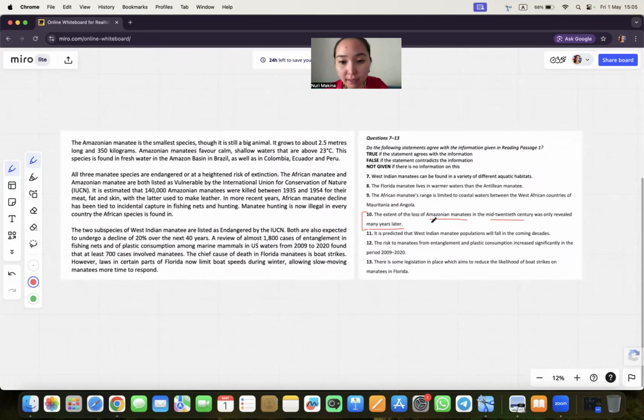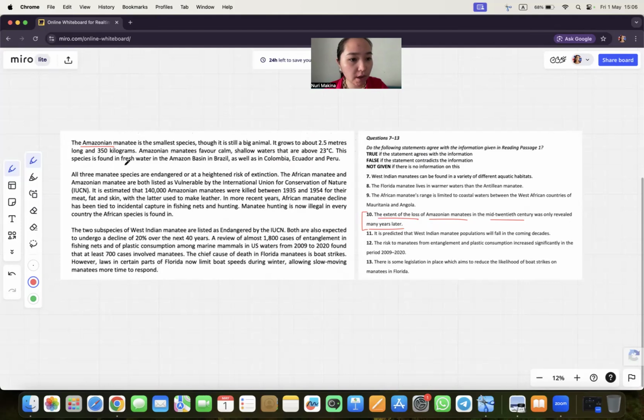Let's find out the keywords. The extent of the loss of Amazonian manatees in the mid-20th century was only revealed many years later. So we have the Amazonian manatee here, so we're going to find the answer in this paragraph. So let's read. The Amazonian manatee is the smallest species, though it is still a big animal. It grows to about 2.5 meters long and 350 kilograms. Wow. Amazonian manatees favor calm, shallow waters that are above 23 degrees Celsius.